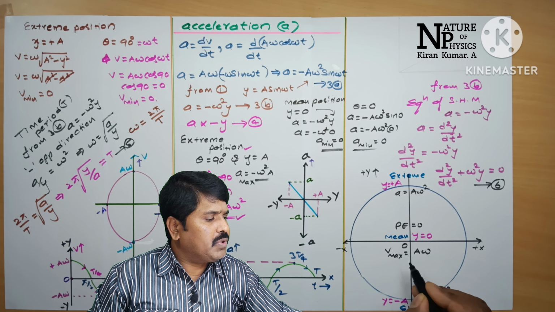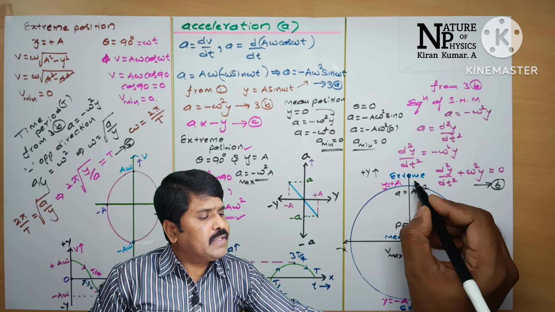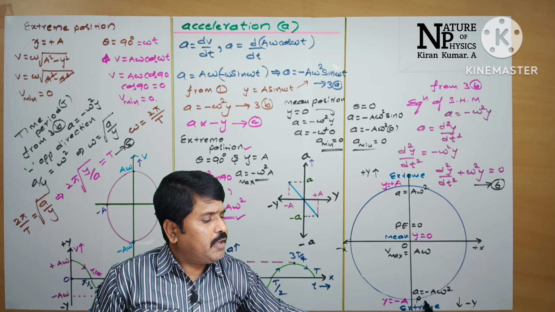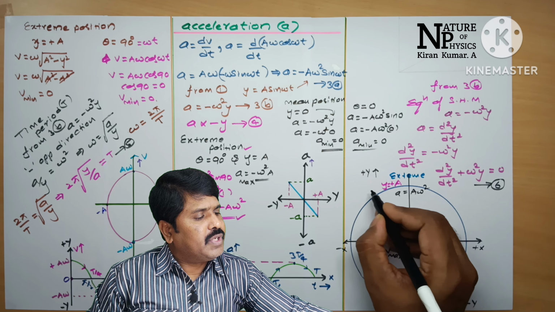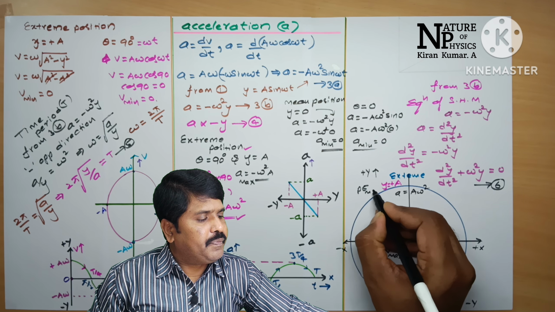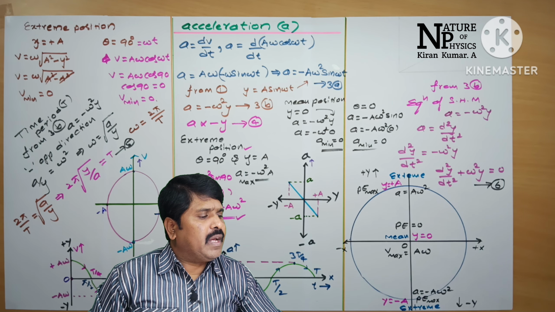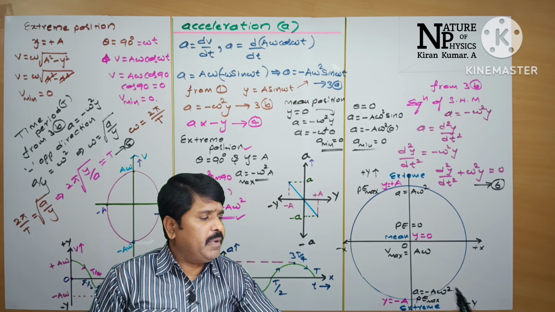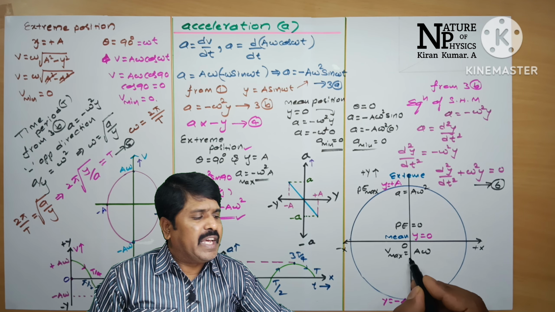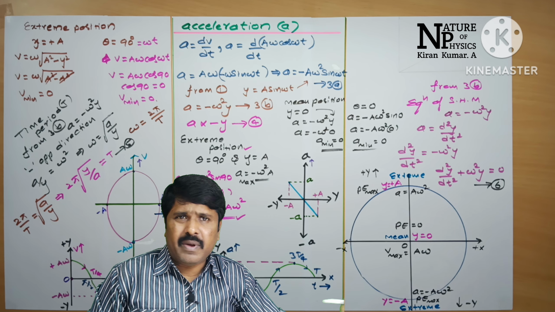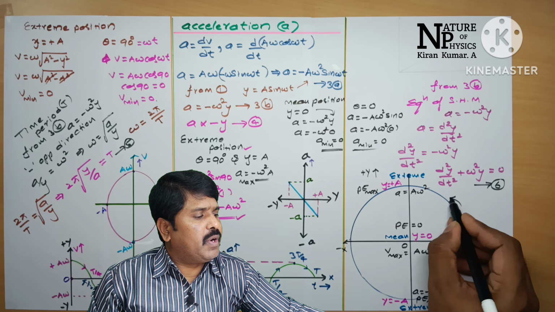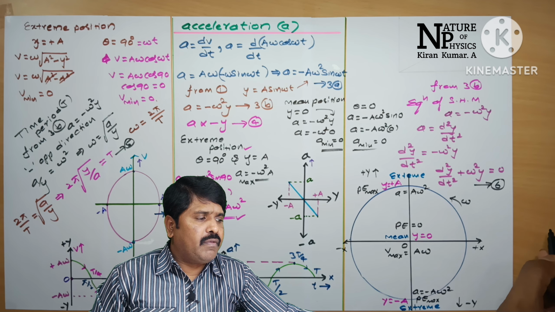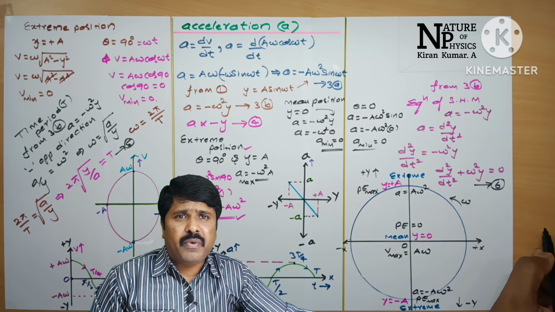At the extreme position potential energy is maximum, because displacement is maximum. Here kinetic energy is maximum, the reason is that velocity is maximum. So this is the clear information when the particle is moving with angular velocity omega in the anti-clockwise direction.